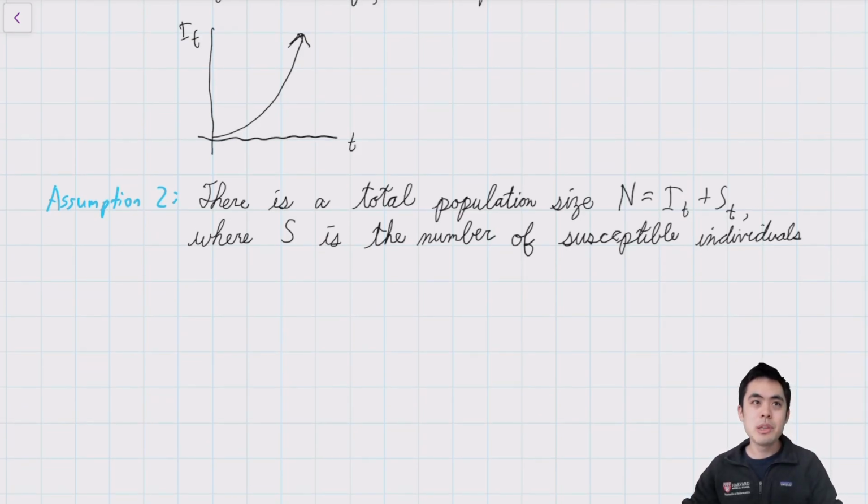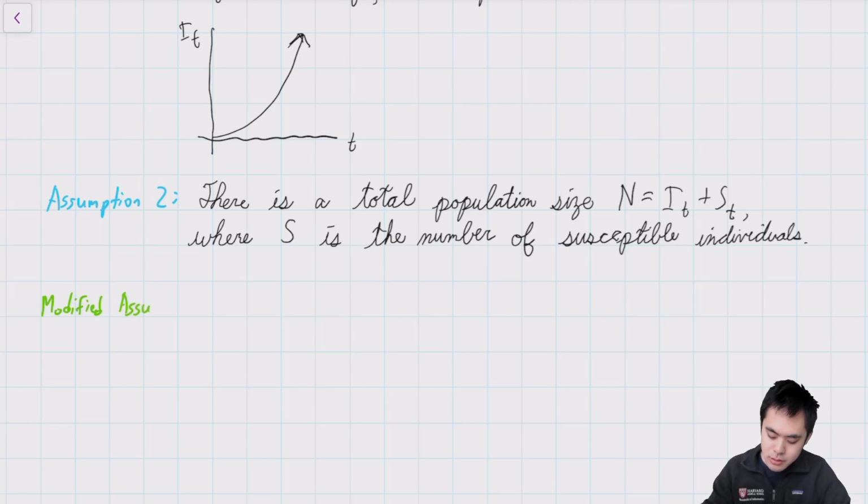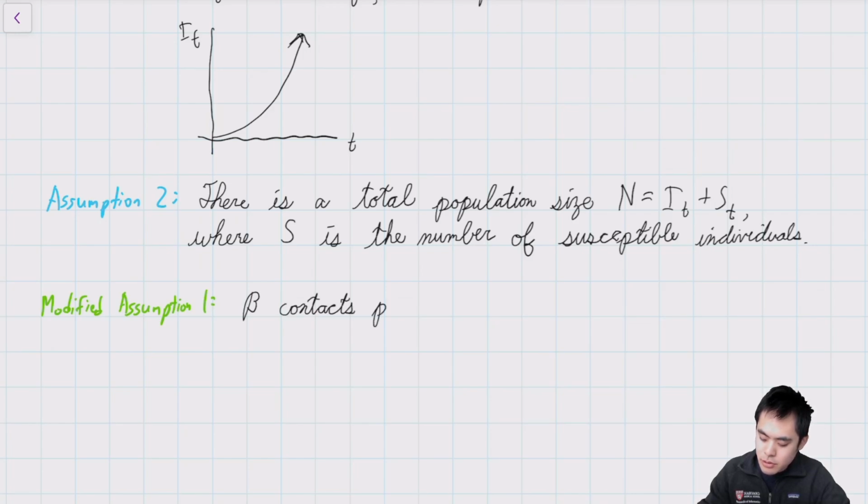So what happens when we do have this assumption in place? Well, when we do this, we have to modify assumption 1 slightly. So let's put this down. Modified assumption 1, which is each individual still has beta contacts per individual.